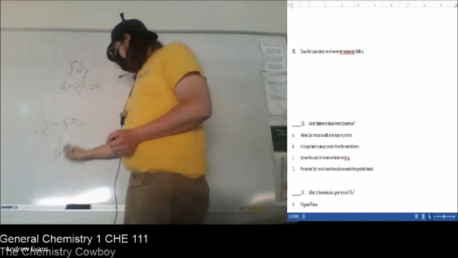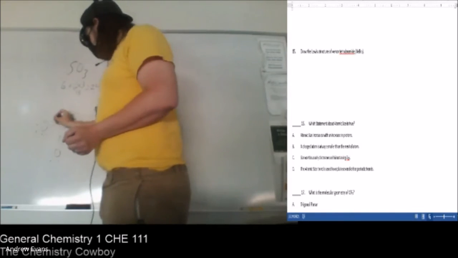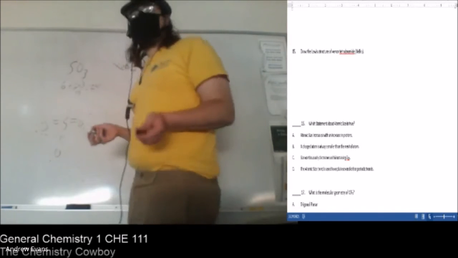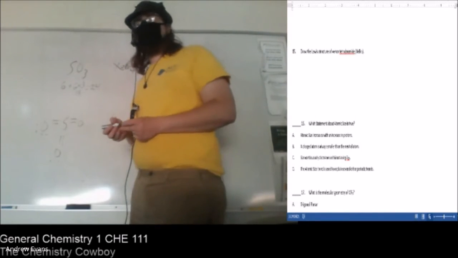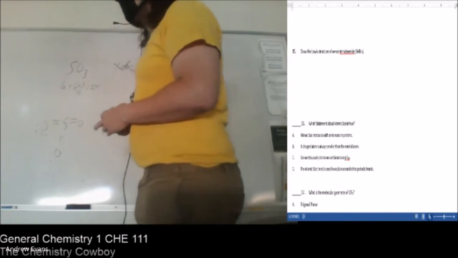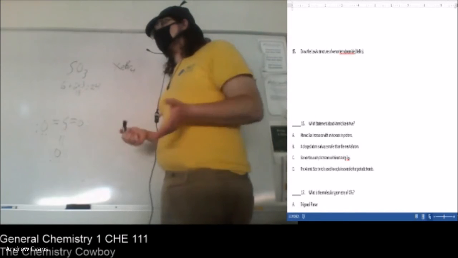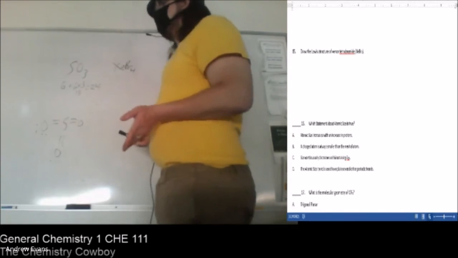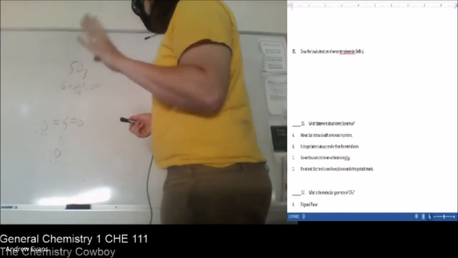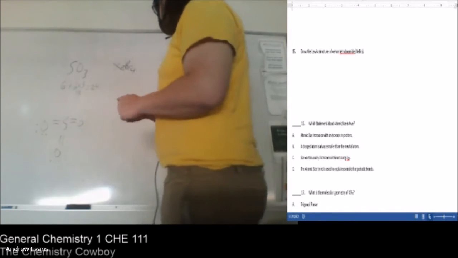A better structure might be this. An even better structure might be this. But it doesn't matter. You could draw 3 double bonds to the sulfur so everyone has 0 formal charge. Or you could draw 1 double bond. Either way gets you an octet or expanded octet on everything.